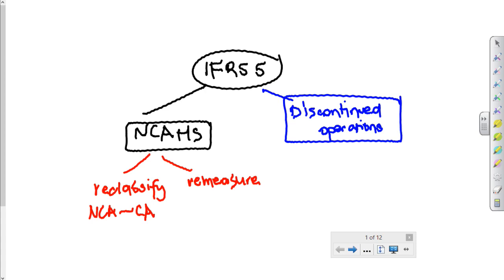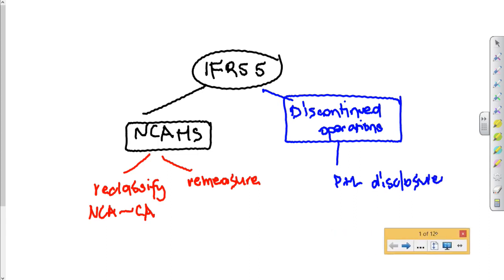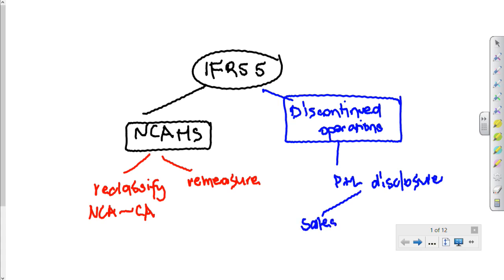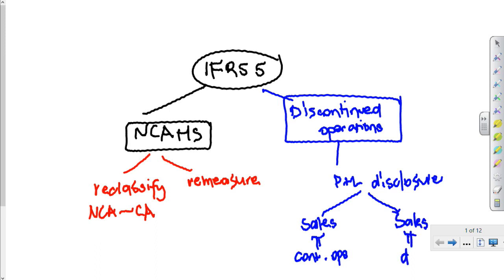And there is P&L disclosure for discontinued operations, because I want to tell my shareholders how much sales and profit there is from continuing operations that are still going to be here next year and the year after, and how much sales and profit are going to stop because they are discontinued operations, and so next year we won't expect to see those.